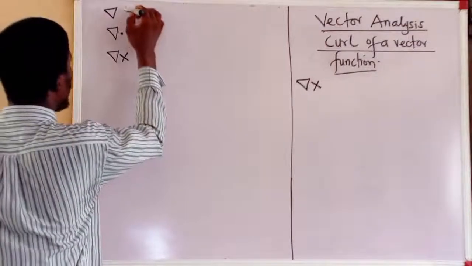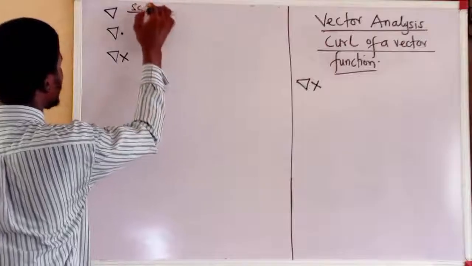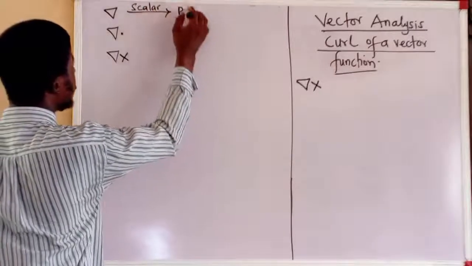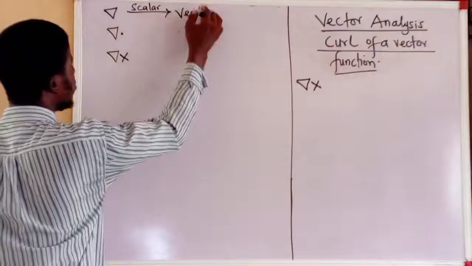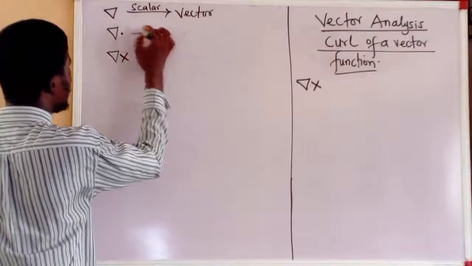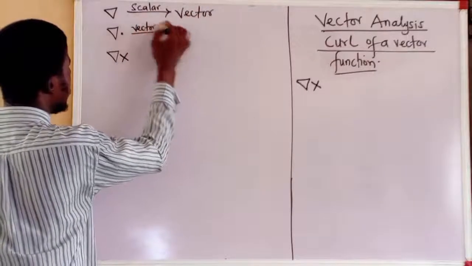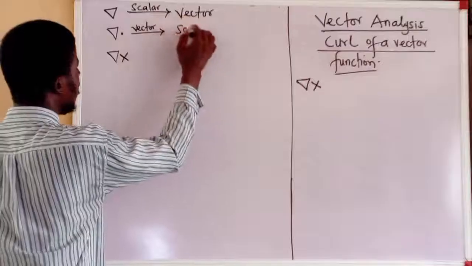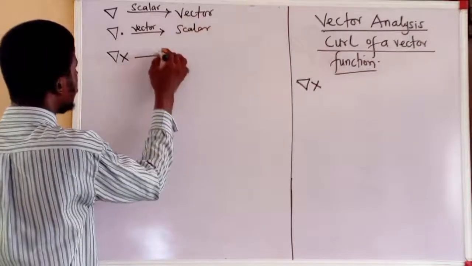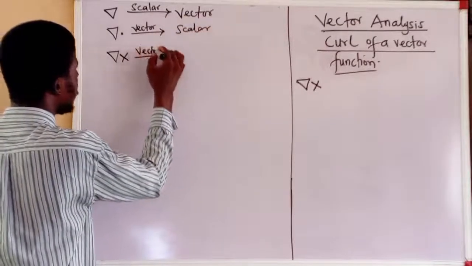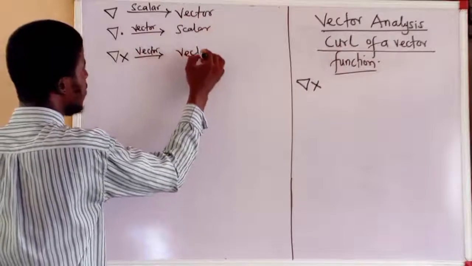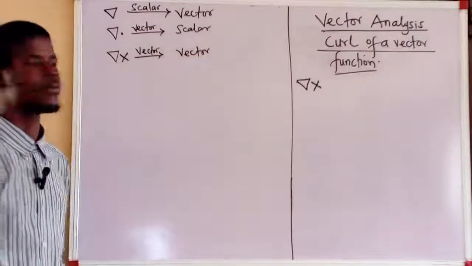So this one acts on a scalar to produce a vector. This acts on a vector and produces a scalar. But this will act on a vector and produce another vector. So this is it.